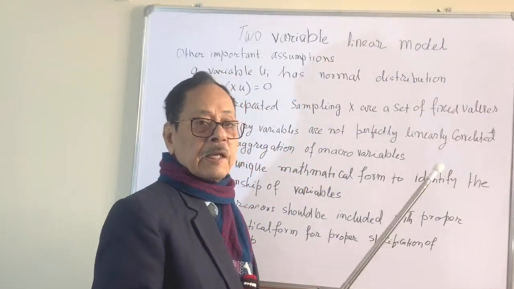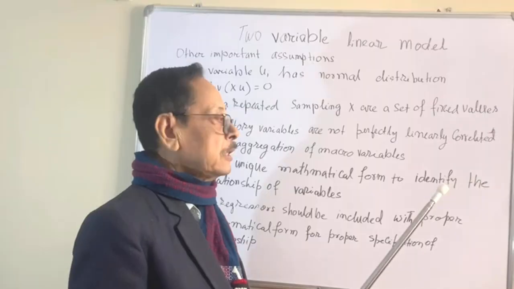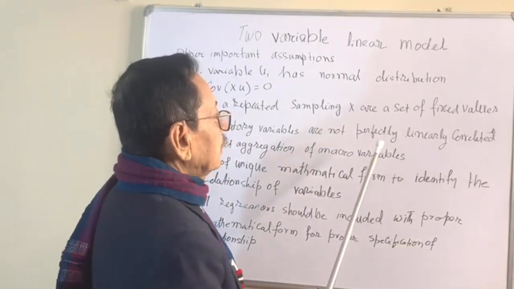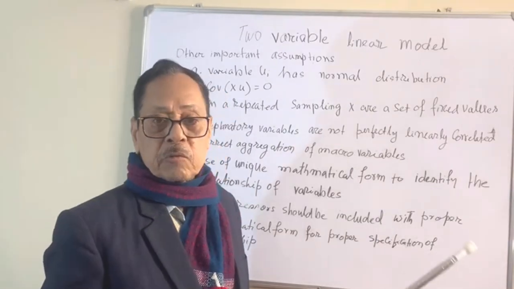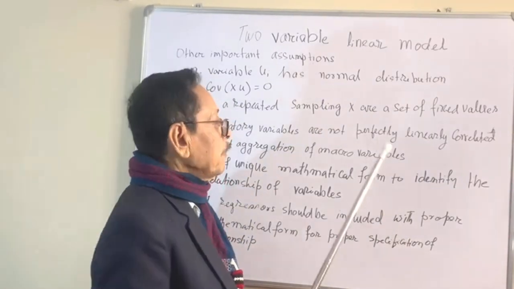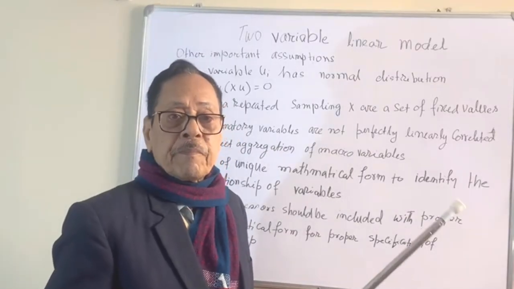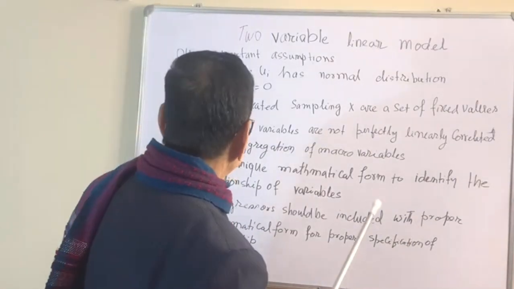So x1 and x2 have no correlation, or x2 and x3 have no correlation, like that. In econometrics, we call it multi-collinearity. So there is no multi-collinearity in the x variables.